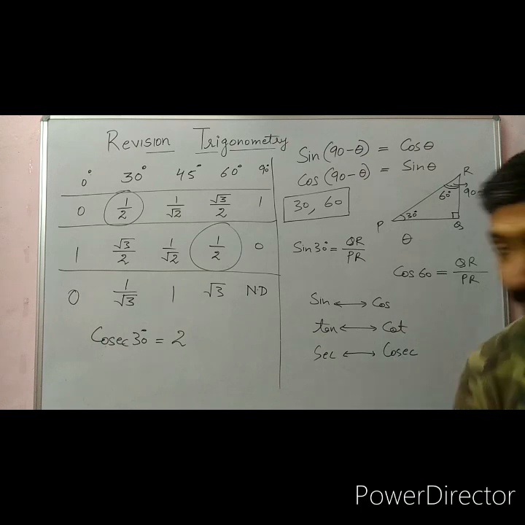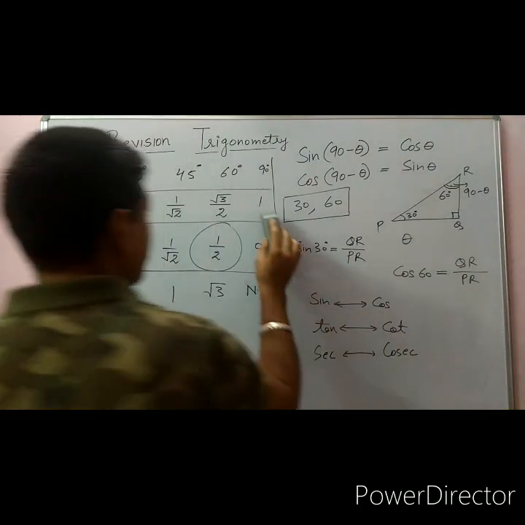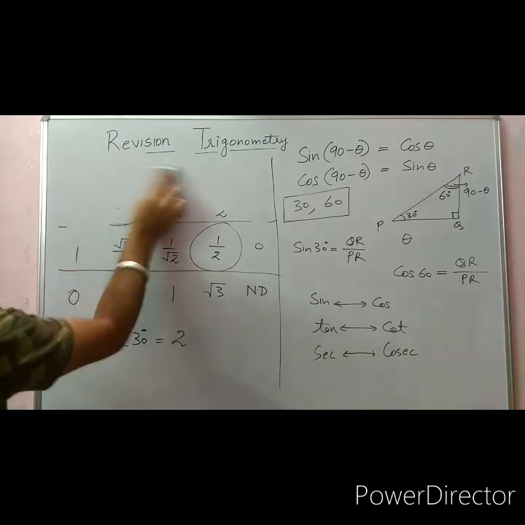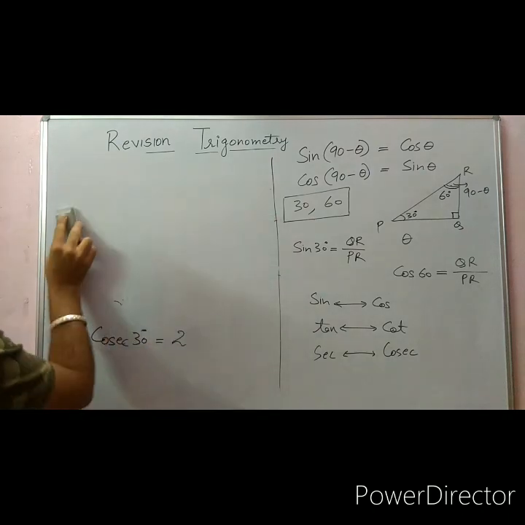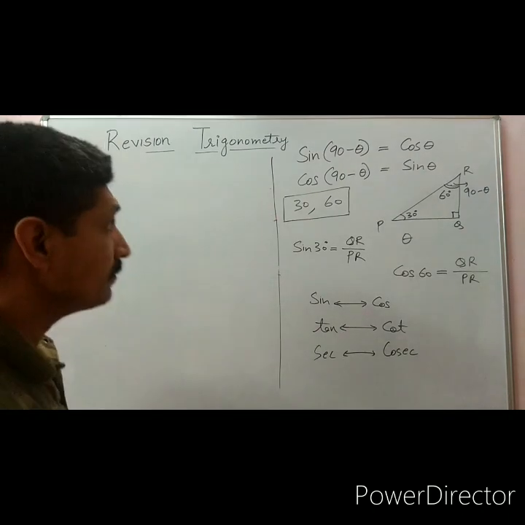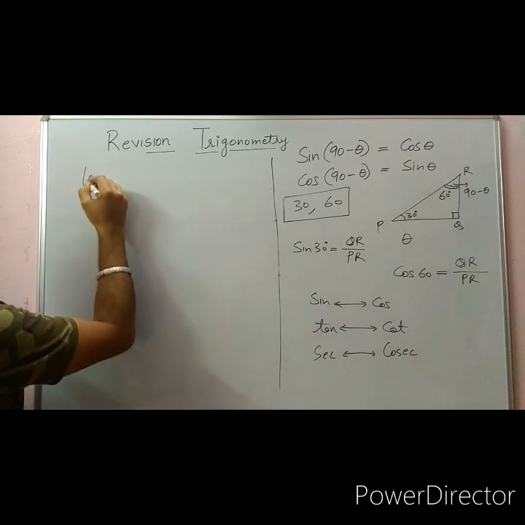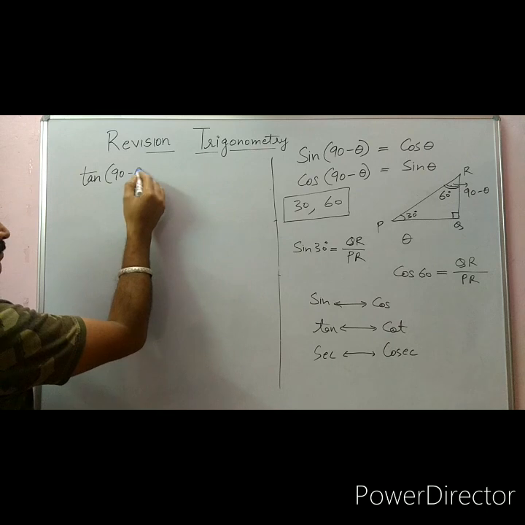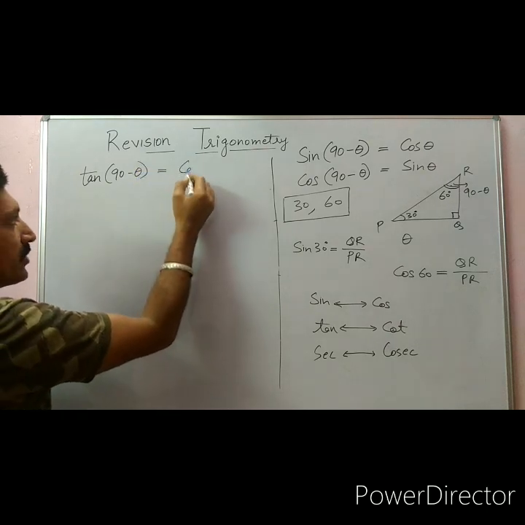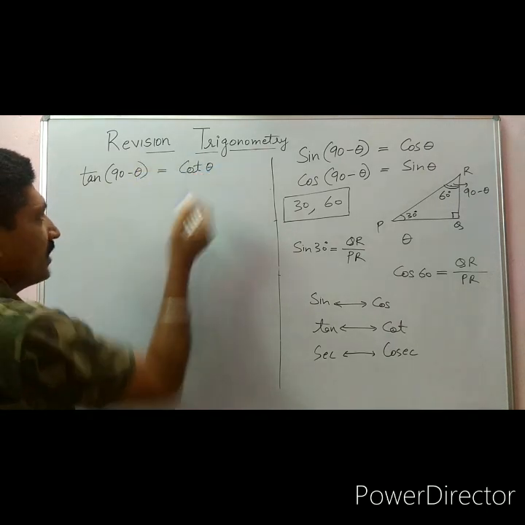In the simple formula, we can say that tangent of 90 minus theta is equal to cotangent of theta. What does it mean?